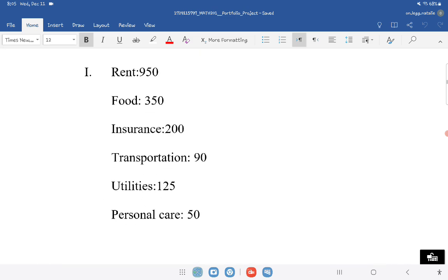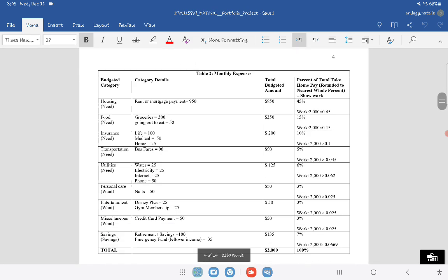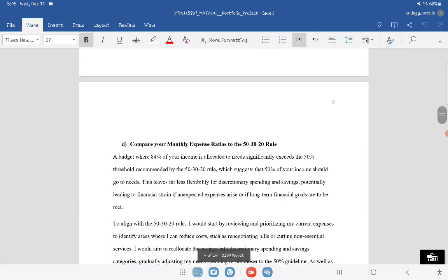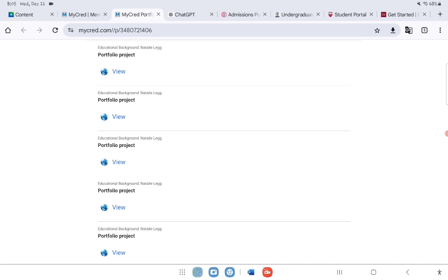And then we budgeted for things like rent, food, insurance, transportation, and how it all adds up. This portfolio project met the institutional requirement by having us make decisions as if we were in this career, and how every decision spiraled out of another decision.